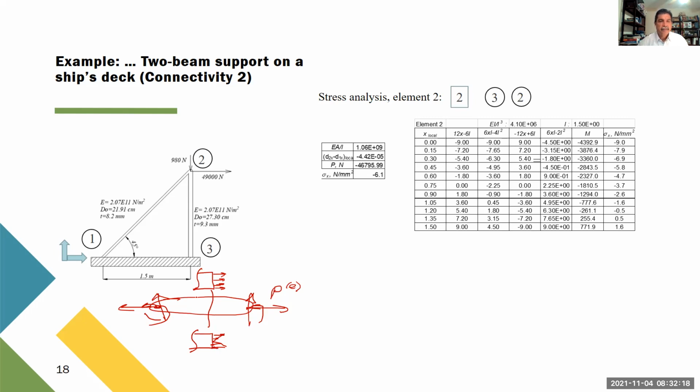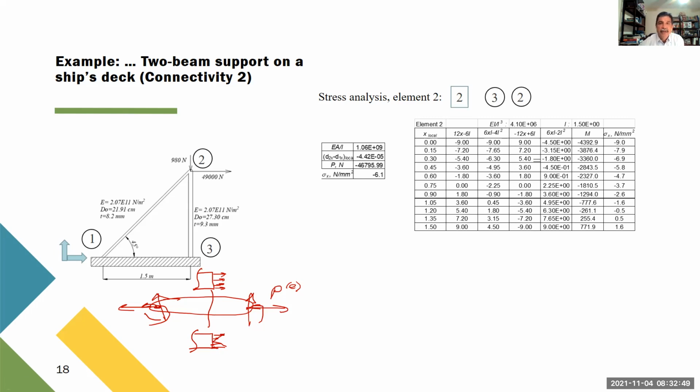In this case, in the top of the section, you have a positive P, positive sigma. But also because of the moment, in this case, I'm just showing something, in the top, I'm showing a stress because of the bending, which is also positive. So on the top, we're going to have a combination of the two values.